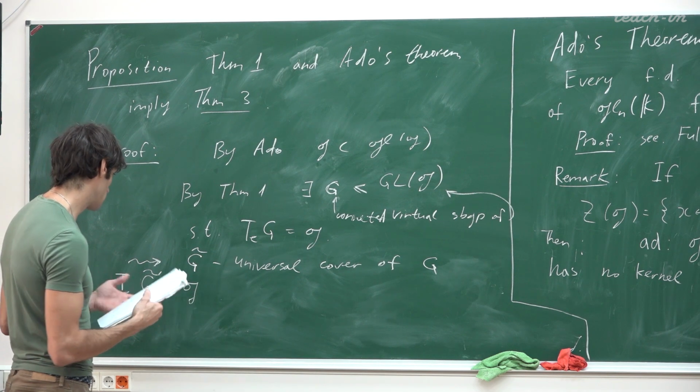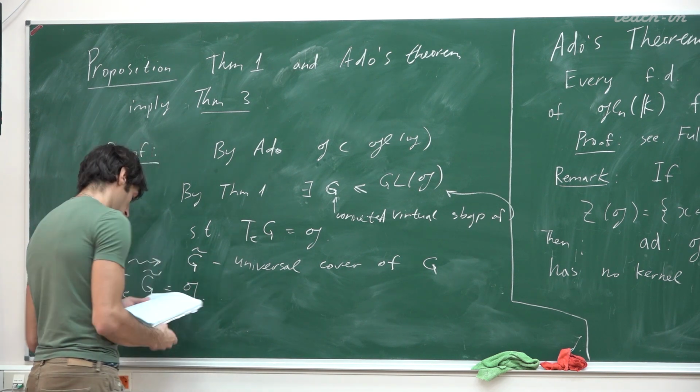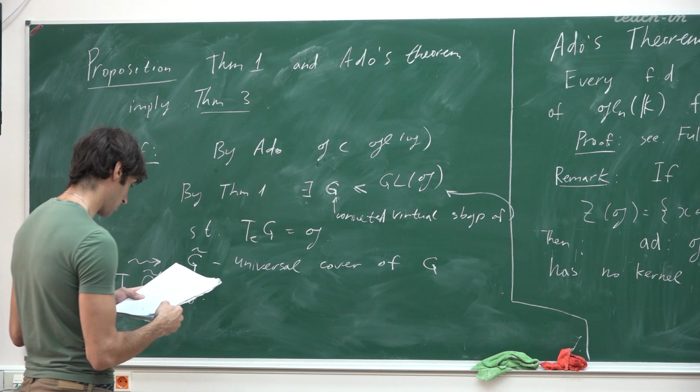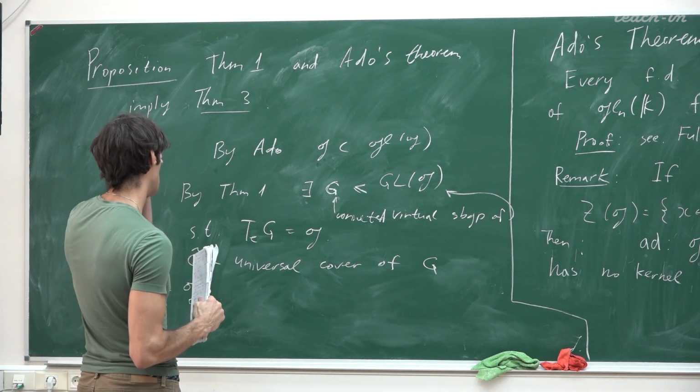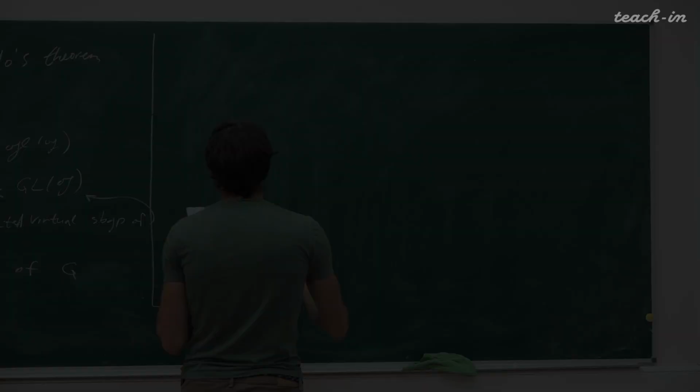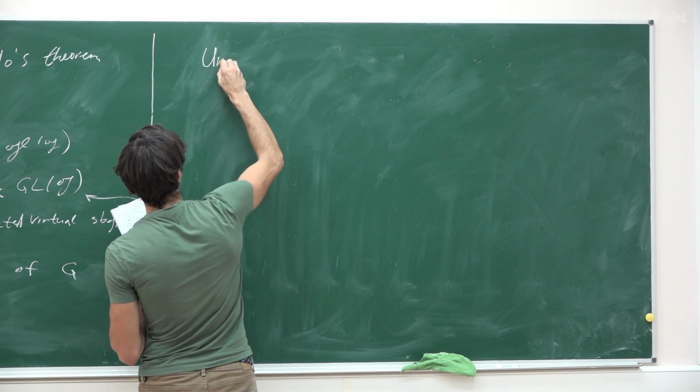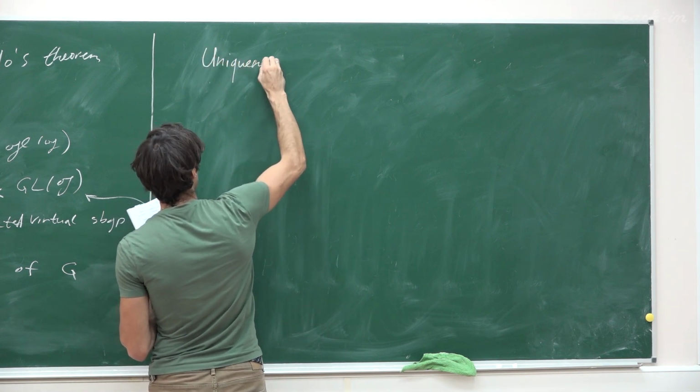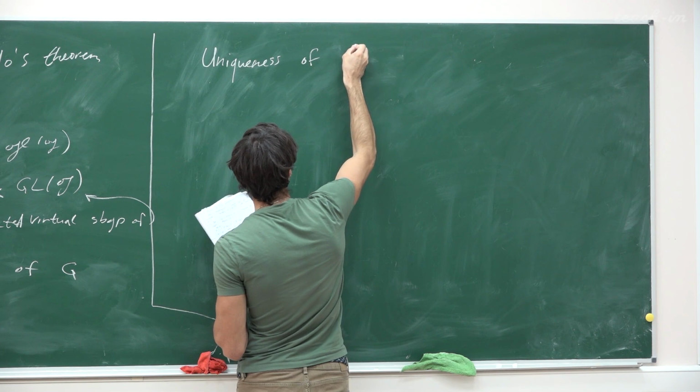Well, the fact that it is unique is pretty simple. That's where we maybe use theorem 2. Okay, uniqueness of G tilde.